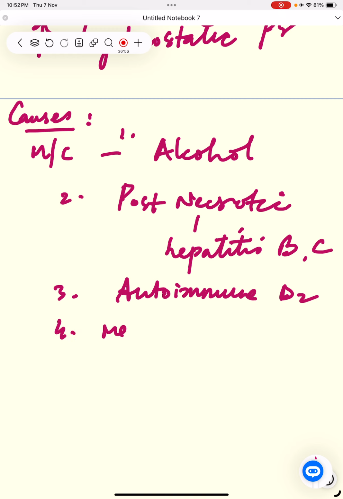And then metabolic disorders like hemochromatosis or Wilson's disease or alpha-1 antitrypsin deficiency, galactosemia, again primary sclerosing cholangitis. So these are the conditions in which this can happen.